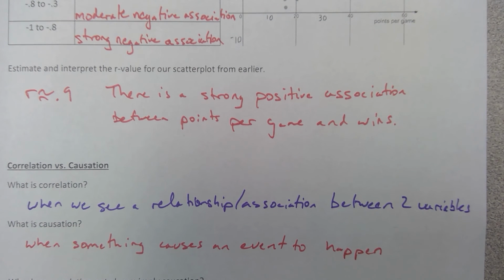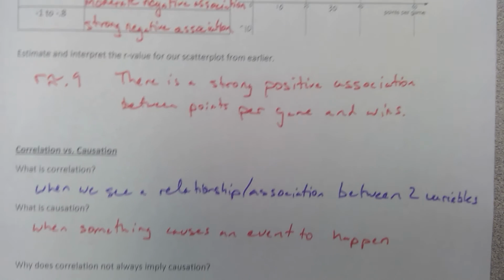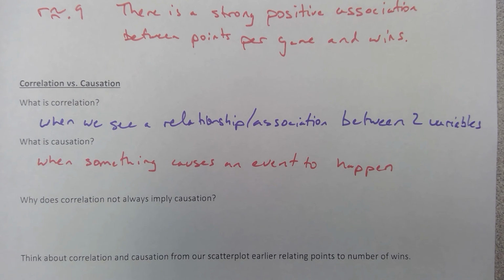I agree. Now, where we often get caught up is that correlation does not imply causation. Why does correlation not always imply causation? We said points per game leads to more wins, and that makes sense.